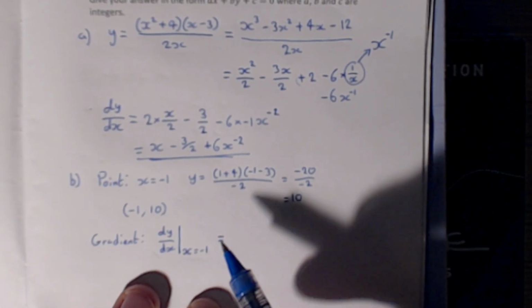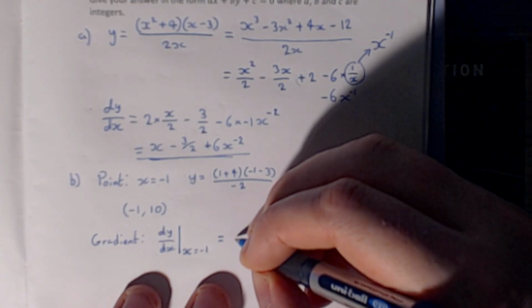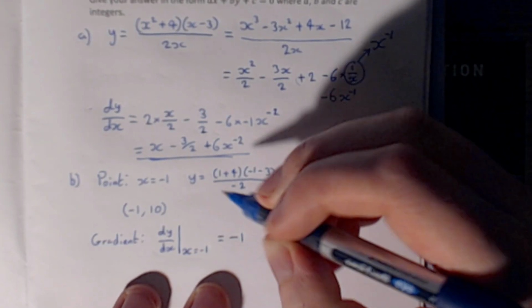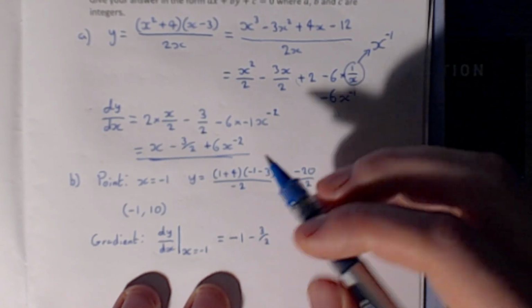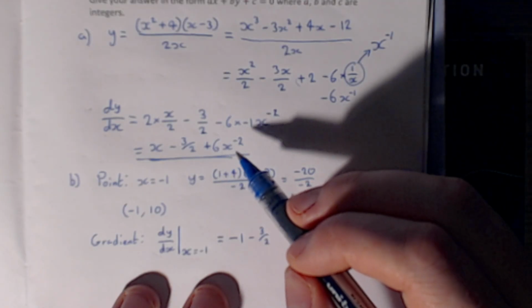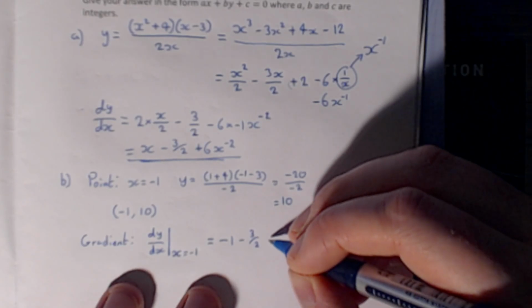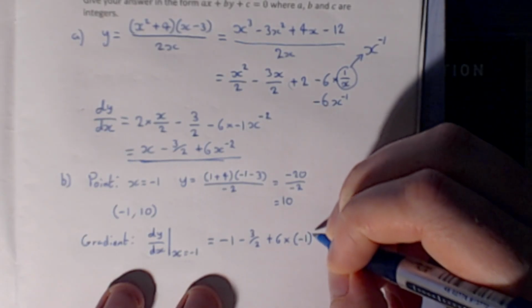Now we'll substitute this in to our dy by dx that we had here. So we're going to get x becomes negative 1, minus 3 over 2 is unchanged, and we get plus 6 times x to negative 2, well that's going to be plus 6 times negative 1 to the minus 2.